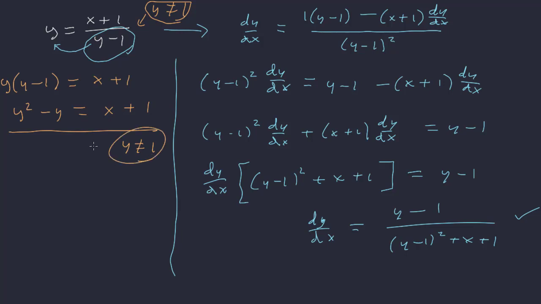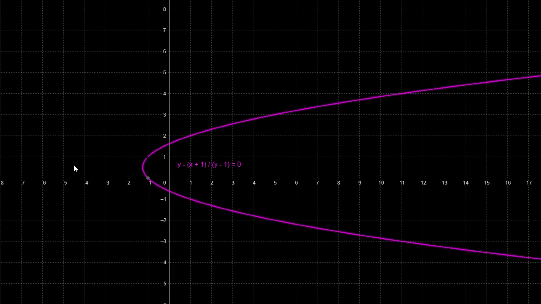Okay, so showing you on a graph what's going on, here is our original. In order to do this in a software, you have to kind of move everything over to one side. So this is y minus x plus 1 over y minus 1 equals 0. It's really the same thing. So notice we have this sort of parabola, and it's having trouble graphing around y equals 1. That makes sense. There's a hole there.